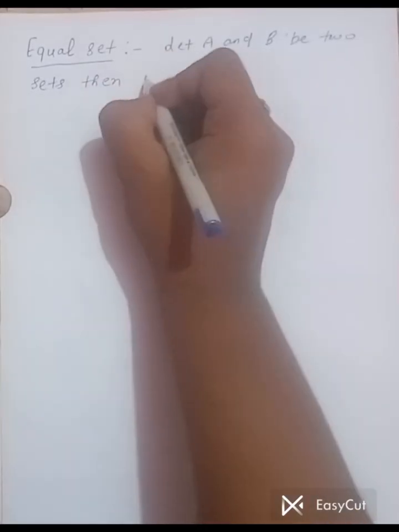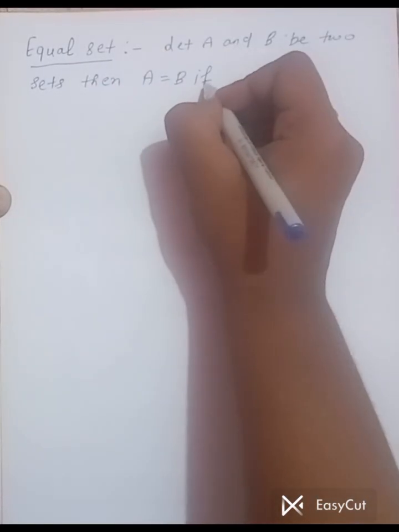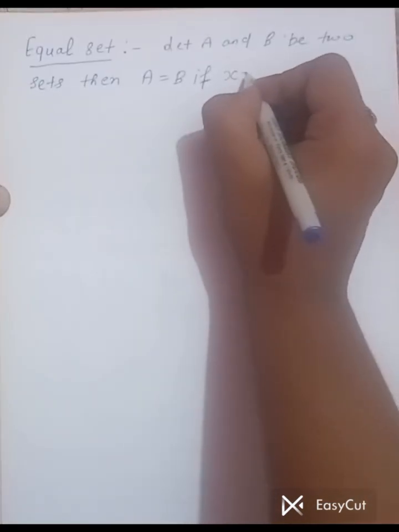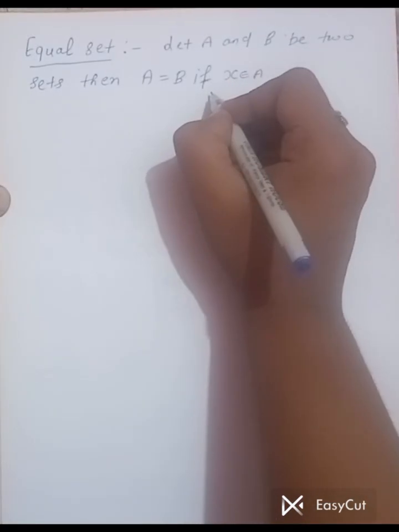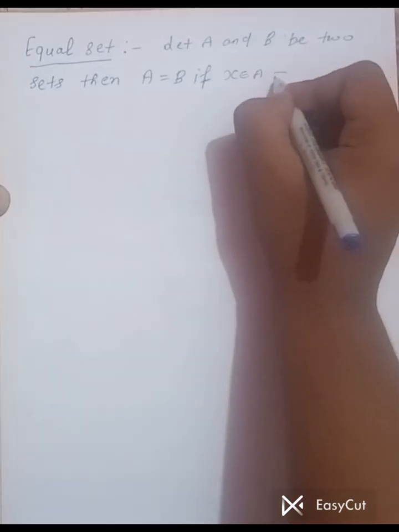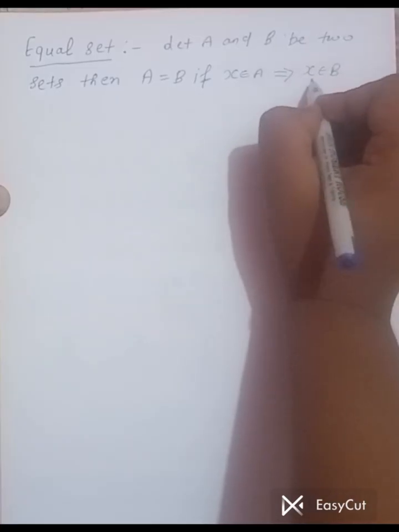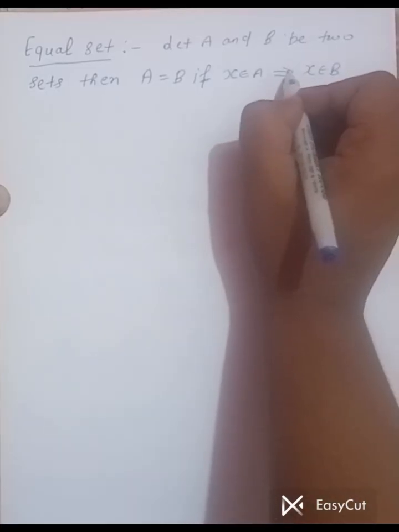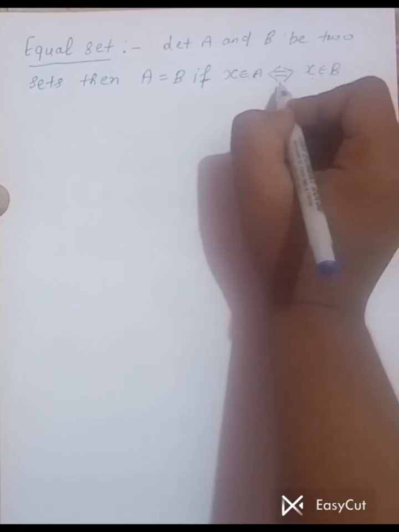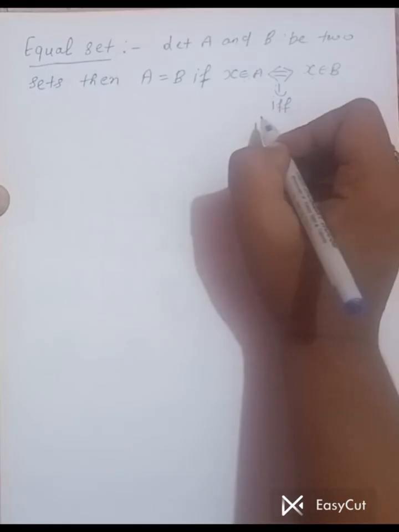Then A is equal to B if X belongs to A implies X belongs to B, and if X belongs to B, then it implies X belongs to A. So it is the if and only if property.